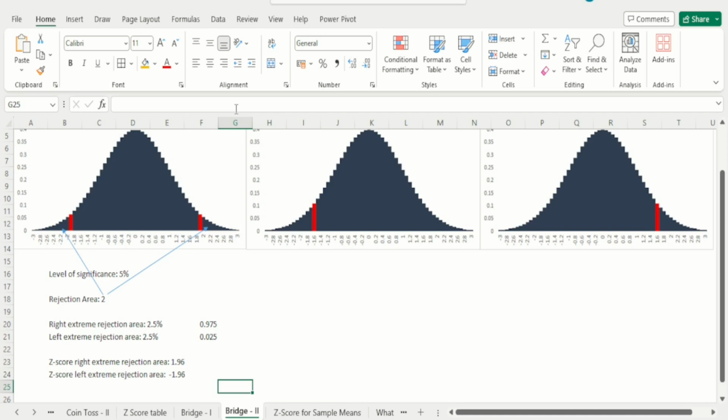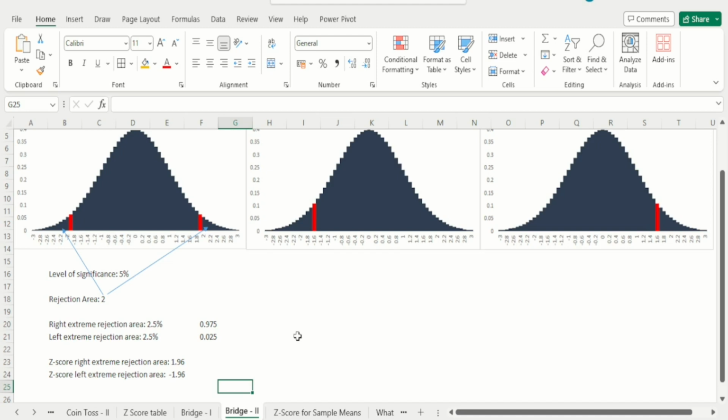Given a sample, if you just calculate the z-score of that sample, and if the z-score appears to be, let's say, greater than 1.96 or less than minus 1.96, which is this area, then you can begin to doubt the opening or the starting statement, right?